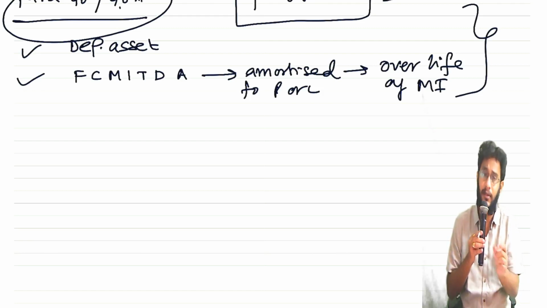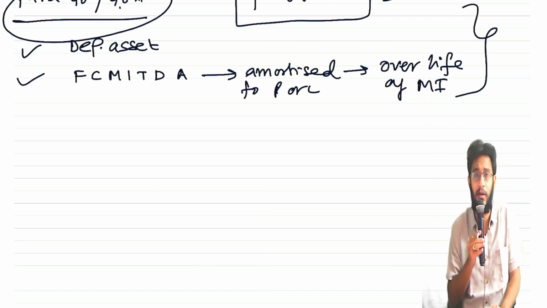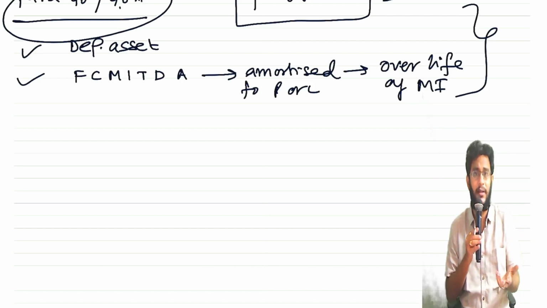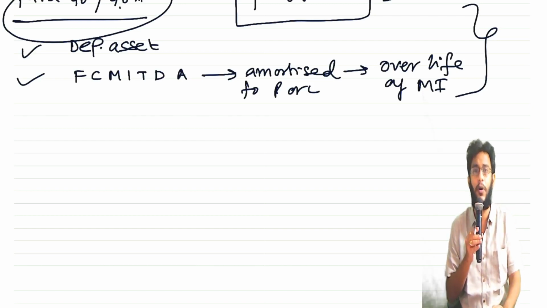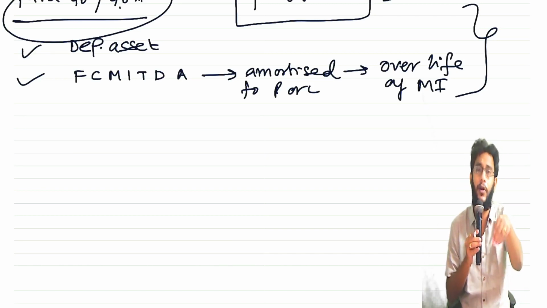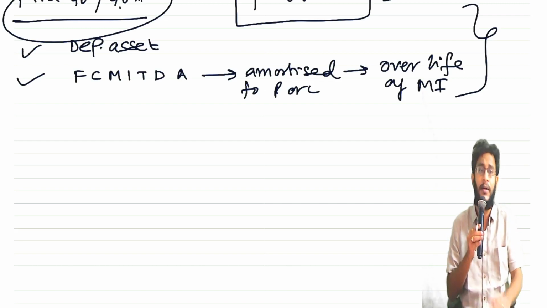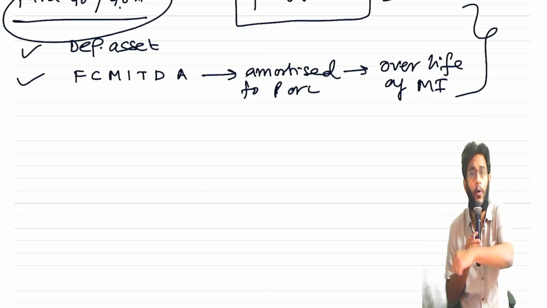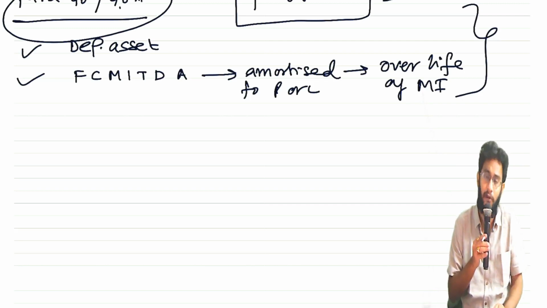Then relating to PPE and intangible assets, we have seen one very beautiful optional exemption, that Ind AS 16 or Ind AS 38 can be applied retrospectively. That is anyway there. If you say you are not in a position to apply retrospectively, it's very impracticable for you, then you can go with a fair valuation on the date of transition. If you say, sir, that also is difficult for us, then the standard says you can carry forward the carrying amount, that is the net book value in the old GAAP as a starting point into the Ind AS. This is a very major relief for most of the entities.